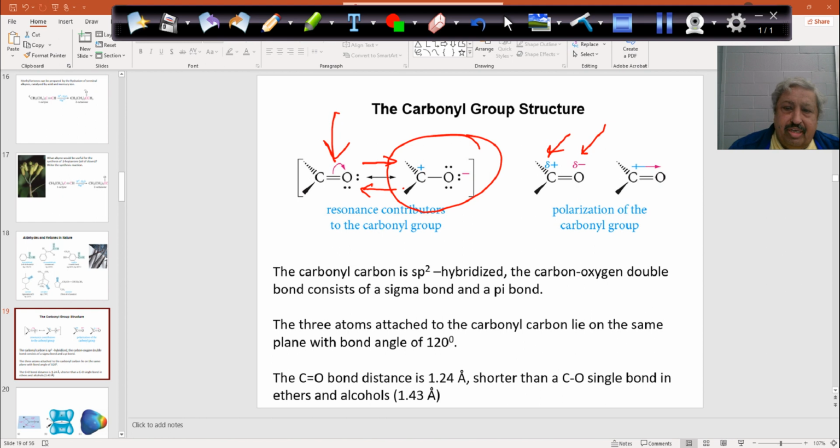They tell you that the carbonyl group has sp2 hybridization. If it's sp2, then it has to have 120 degrees, correct?